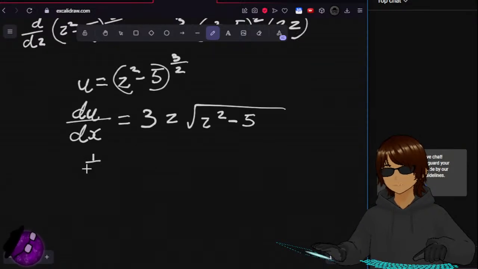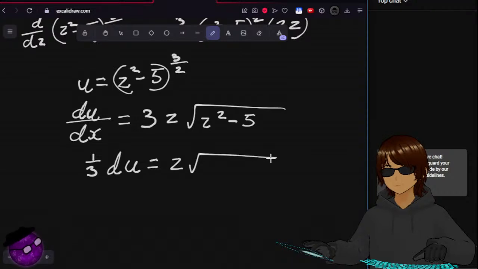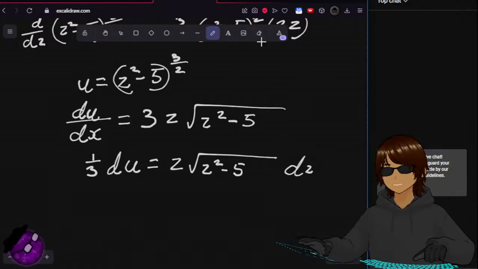So 1 over 3 du is z times the root of z squared minus 5 dz. This is with respect to z.